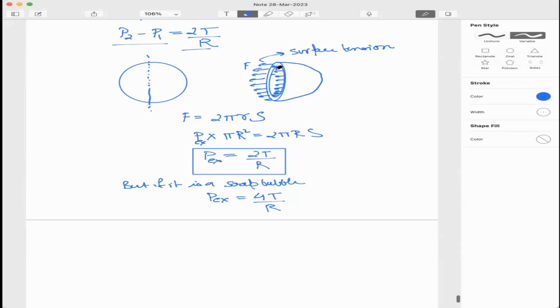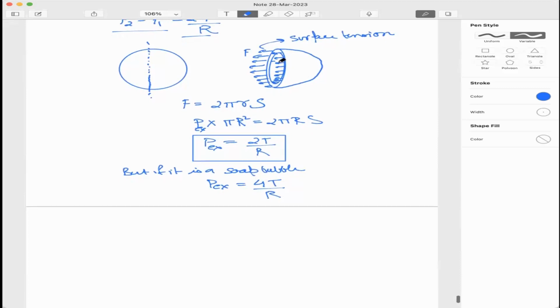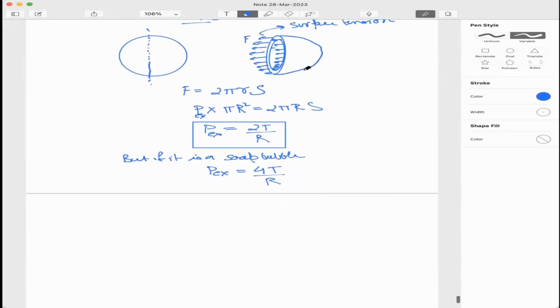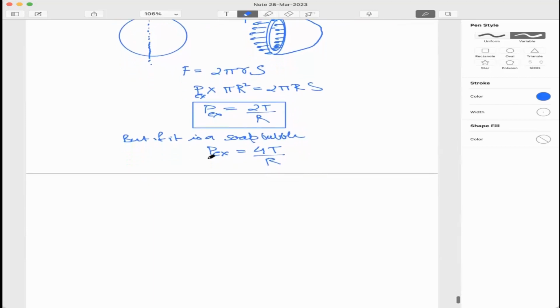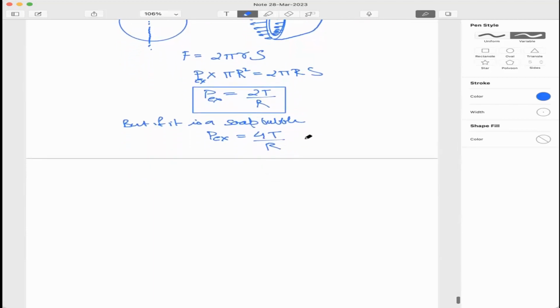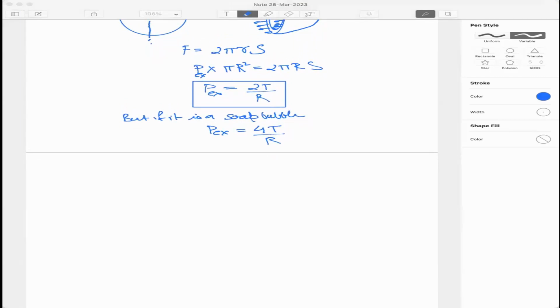So it has two areas, and that's why we should take twice the perimeter, and so what we get is P excess is 4T by R for a soap bubble. So that should be taken care of. So we have some time to discuss the contact angle.